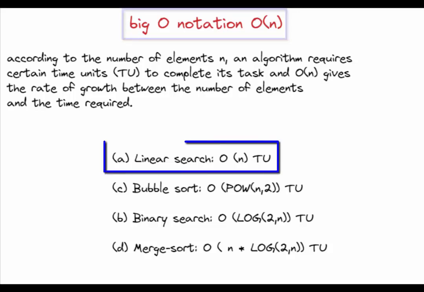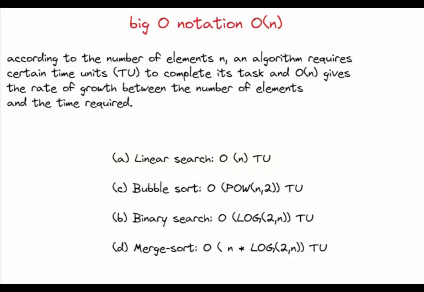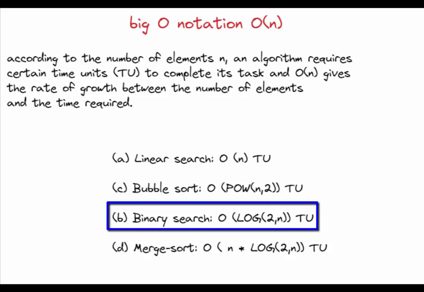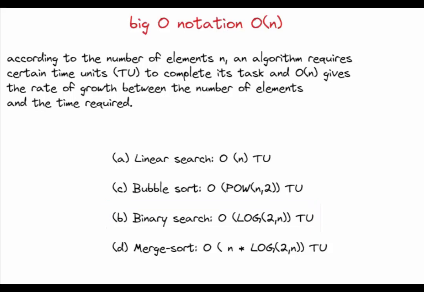For example, the linear search we saw before has an O(n) time unit performance. Another technique to search for an element in a set is the binary search, which has O(log n) base 2 time unit performance, and because of its efficiency we are going to use it instead of linear search.